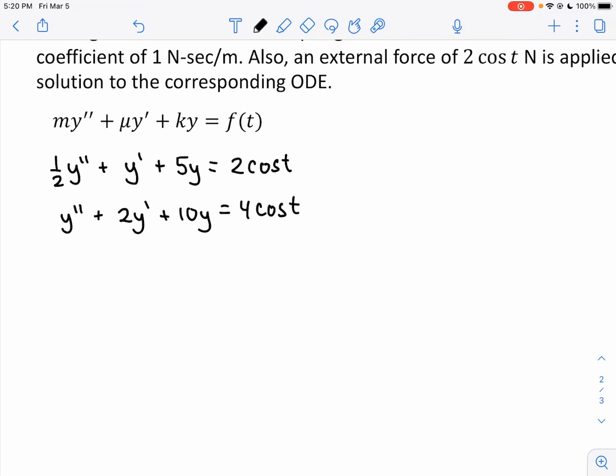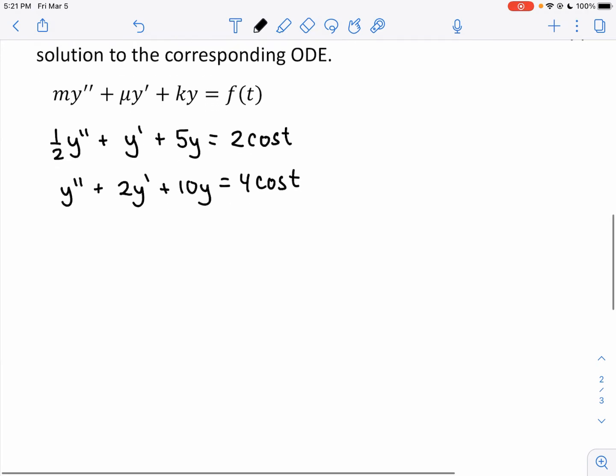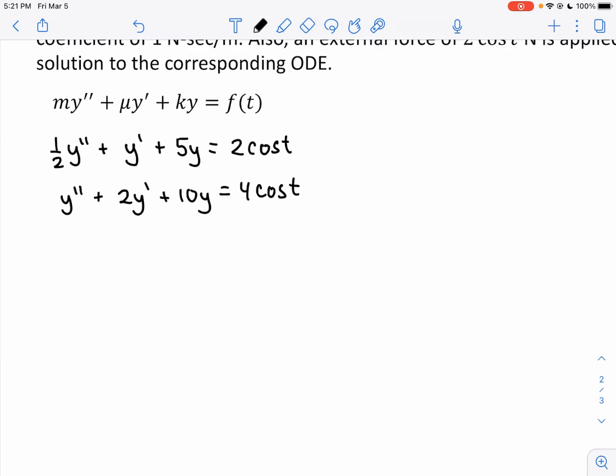First, again, it's inhomogeneous because we have a non-zero forcing function over here, and I'm going to be using the method, again, of undetermined coefficients. But first we need to find the characteristic polynomial from this part and figure out what the linearly independent solutions to the homogeneous version of this differential equation would be. So we have lambda squared plus 2 lambda plus 10 is equal to 0.